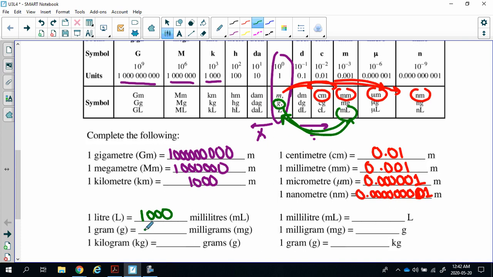That's also 1,000. 1 kilogram is how many grams? That's also 1,000. Now to go from milliliter to liter, we're going to have to divide and say this is 0.001. Milligram to gram is 0.001, and also 1 gram to kilogram, 0.001.